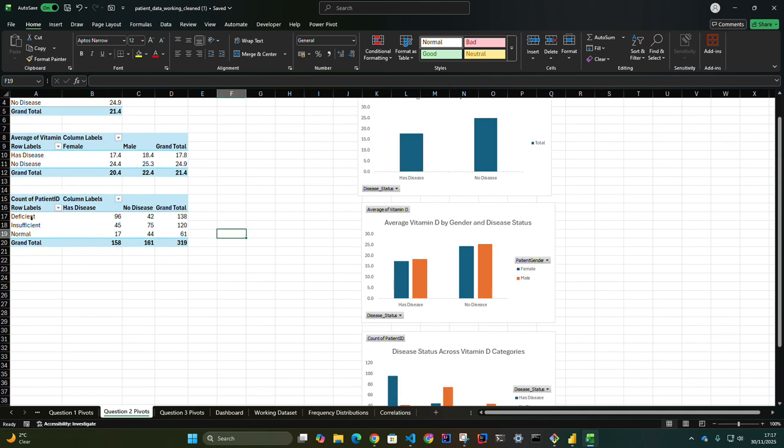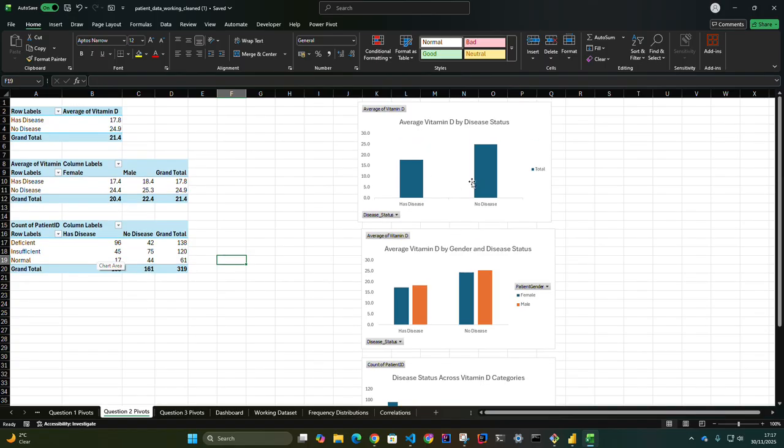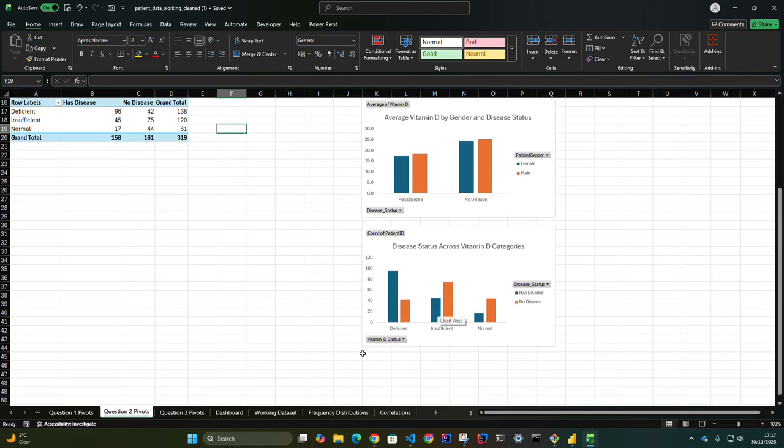And for the patients that are deficient in vitamin D, you can see there's 96 that have a disease. So this would support the clinical research that I was looking at, which suggested that vitamin D deficiency was related to poorer health for people. And there are my charts that I've added to show this.